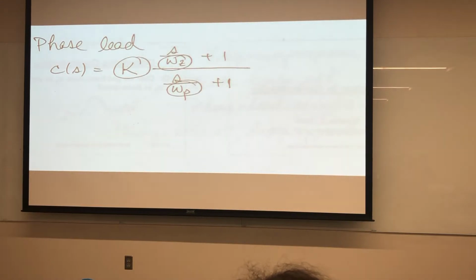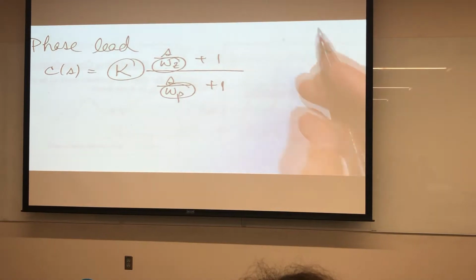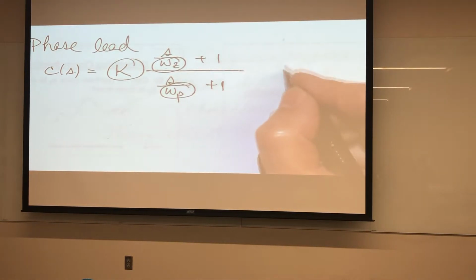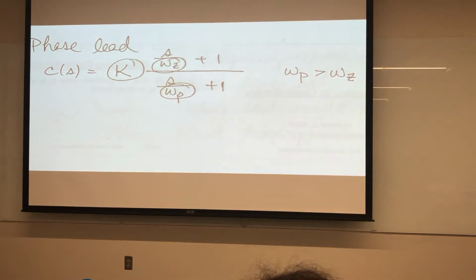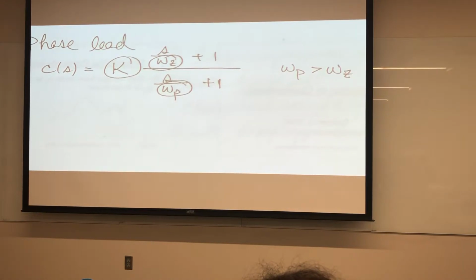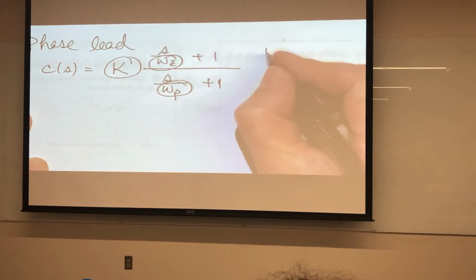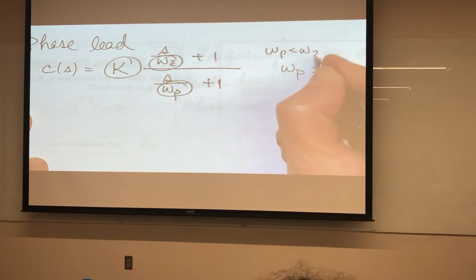This looks a lot like the phase lag. It looks very much like the phase lag, except with the phase lead, the pole is going to be at a frequency greater than the 0. Okay, so this is the opposite of the lag. With the lag, the pole was less than the 0.